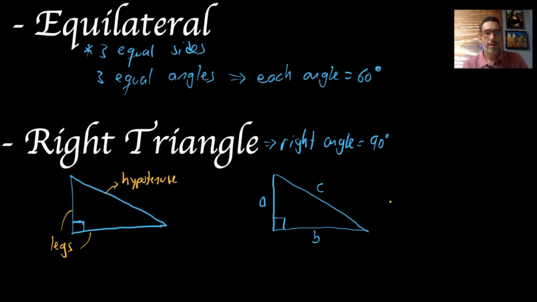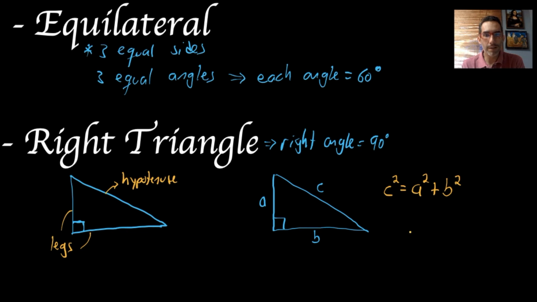Mr. Pythagoras stated that when we have a right triangle, the length of the hypotenuse squared will equal the sum of the squares of the other legs. So C squared will be equal to A squared plus the other leg squared. This was, and is, the Pythagorean theorem, and it is very useful.